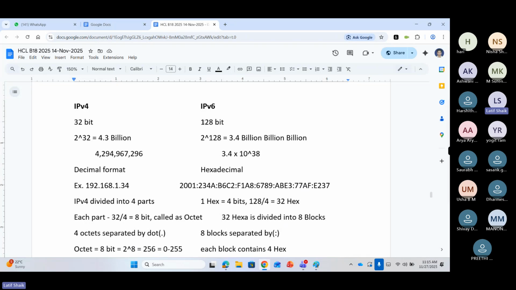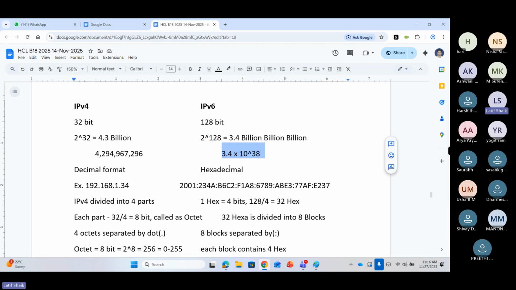Again, IPv6 is 128-bit, so 3.4 into 10 to the power of 38 IPv6 addresses are there. It means worldwide, you can assign an IP address to at least every device, even a mouse or keyboard.